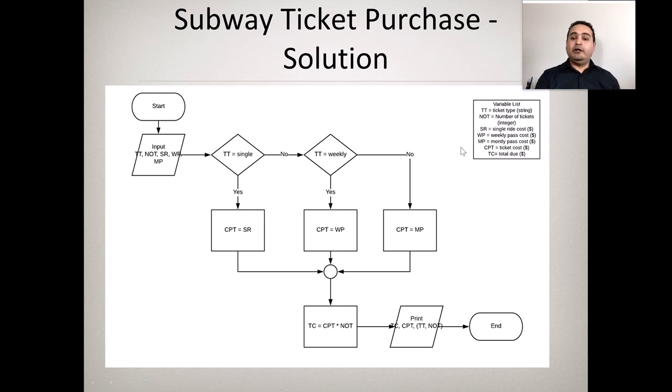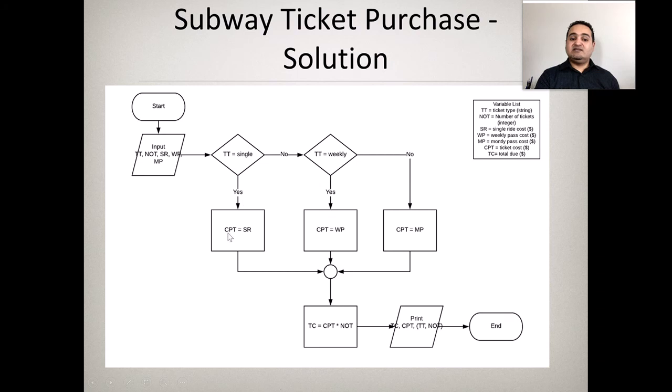For the homework, you should always use the legend, where you define what the abbreviations you are using really stand for. We start with the terminator, and then we have the input, the ticket type and number of tickets, and then single ride cost, weekly ride cost, and monthly ride cost. Then the first condition will be, is the ticket type single?